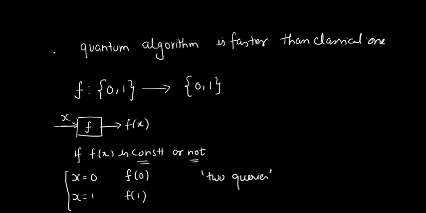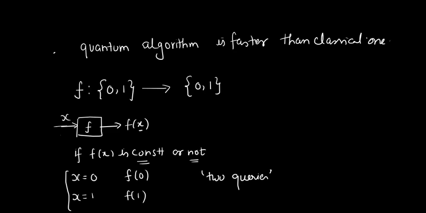This is a classical digital circuit where x can be either 0 or 1, right? And the function we apply is a single bit digital circuit where the input can be a single bit only, and we want to know if it is constant. So we need to make two queries.